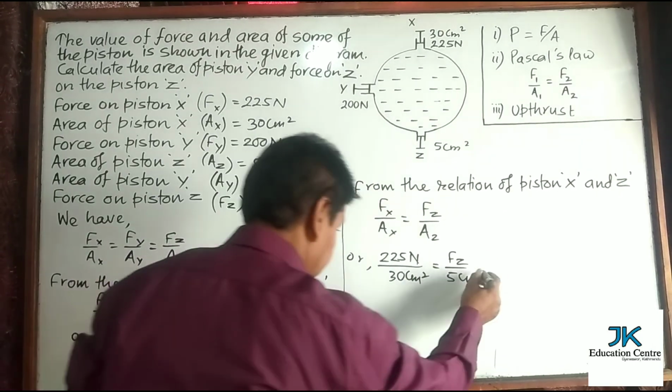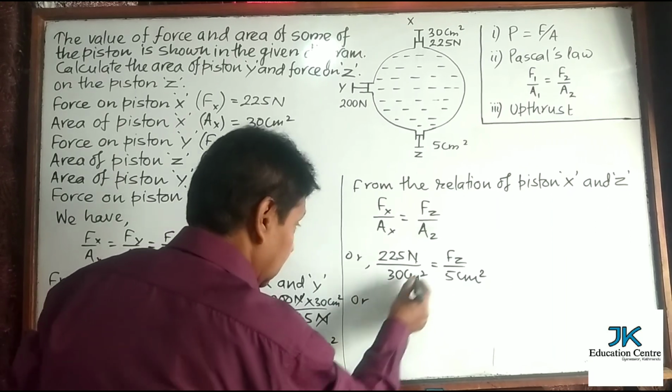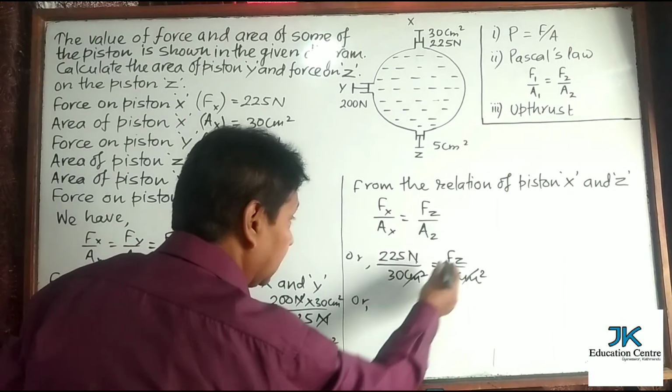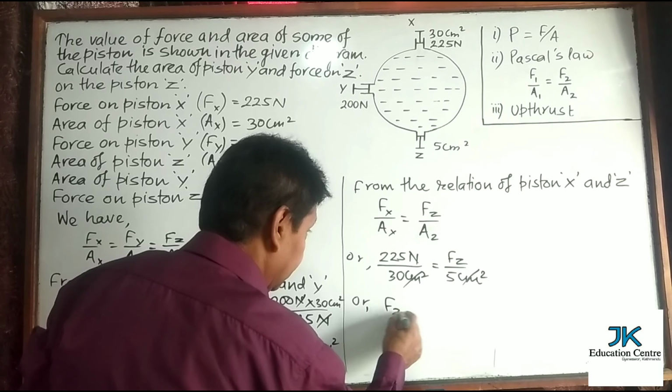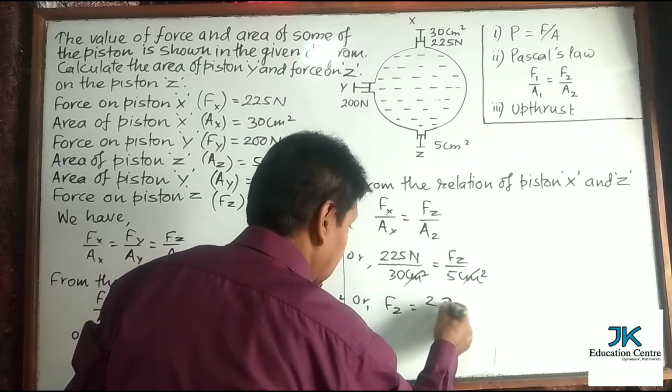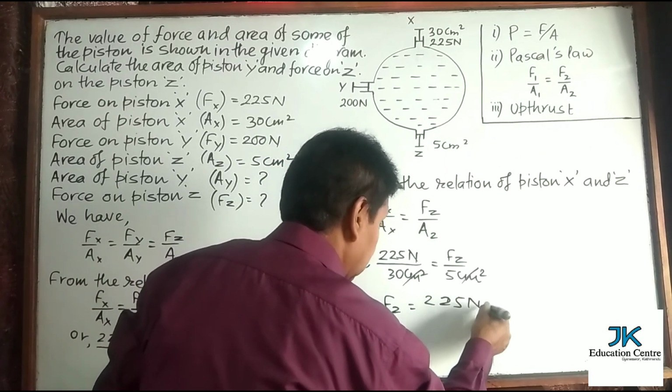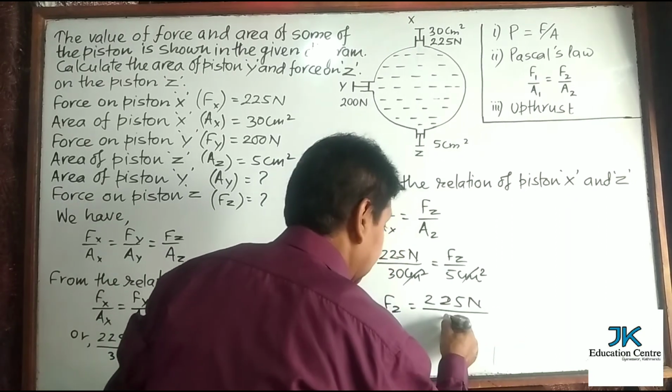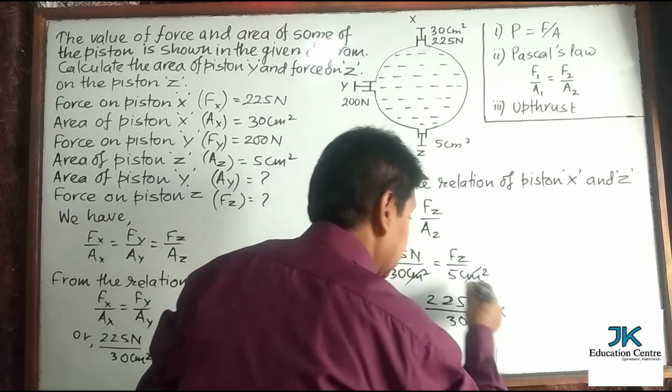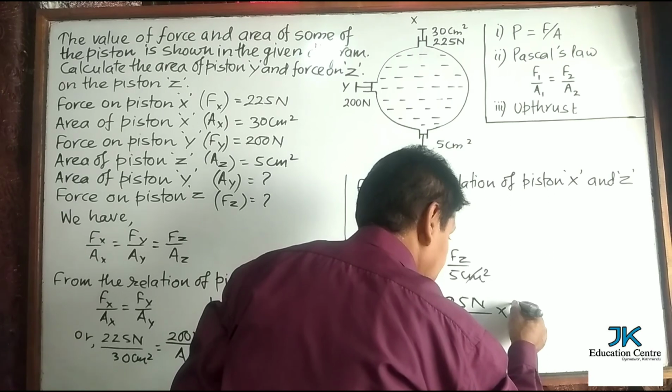Now, this centimeter square cancels, or Fz is equal to 225 Newton divided by 30, and this 5 goes to the left hand side.